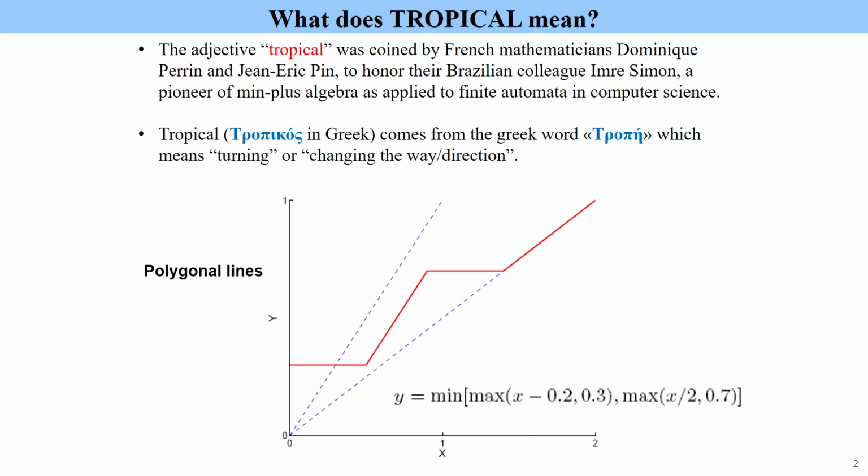In our exposition, we understand tropical in the following way, by using the Greek word tropi or tropikos, which means turn around. So actually, many of the curves and surfaces in tropical geometry, as you will see, have this polygonal form. They turn around. So the word tropical here acquires a more substantial meaning.